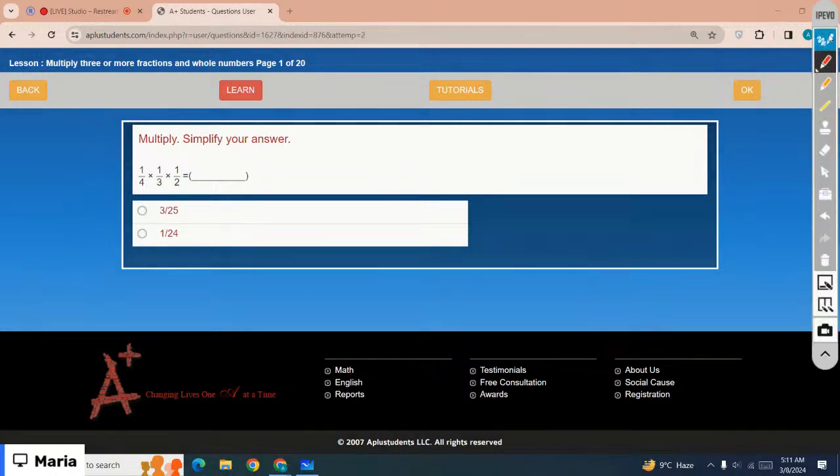So here you have 1 by 3 times 1 by 4 times 1 by 3 times 1 over 2. Multiply all the numerators and all the denominators. So 1 times 1 is 1. 4 times 3 is 12 and 12 times 2 is 24. So that is 1 over 24. The correct option is 1 over 24, right?